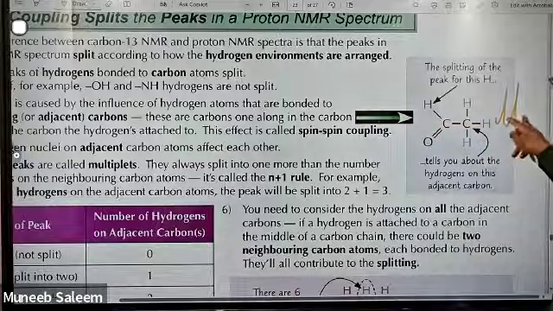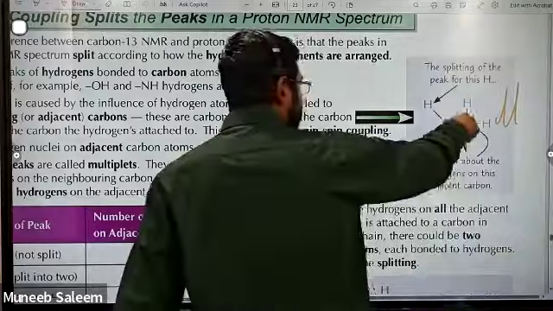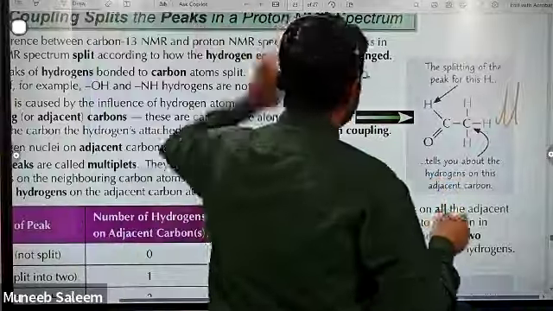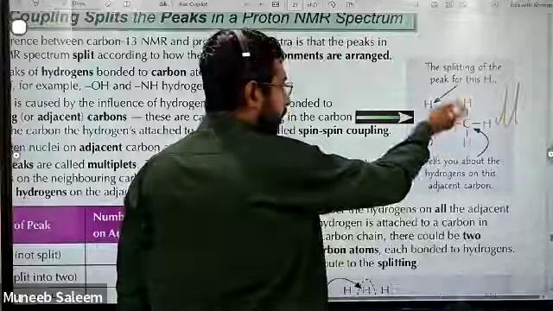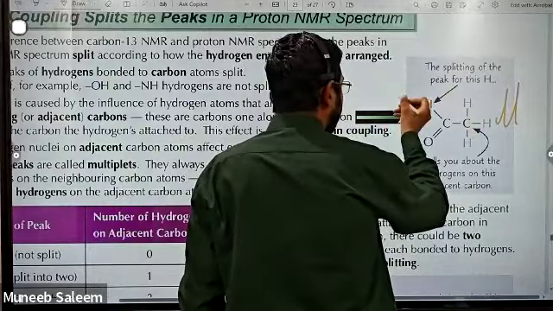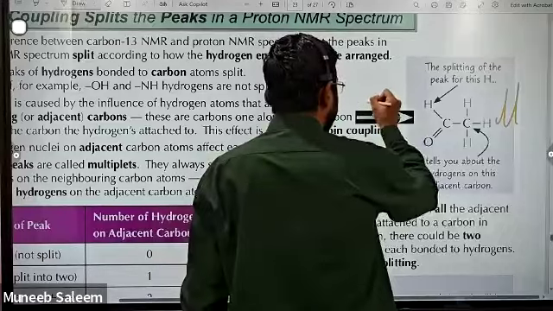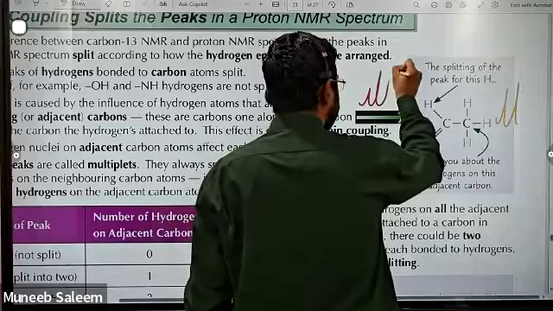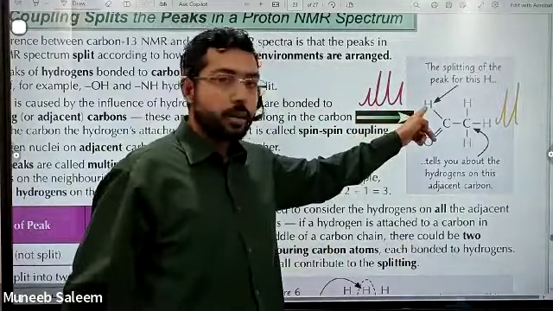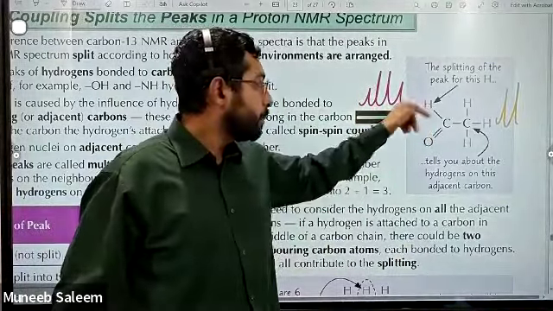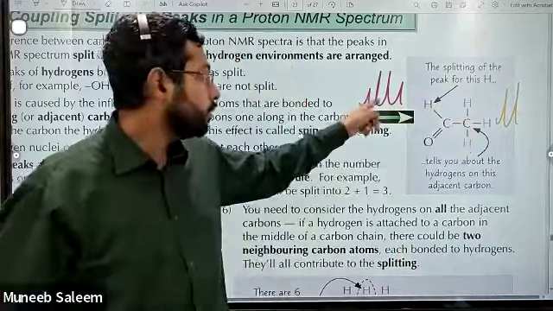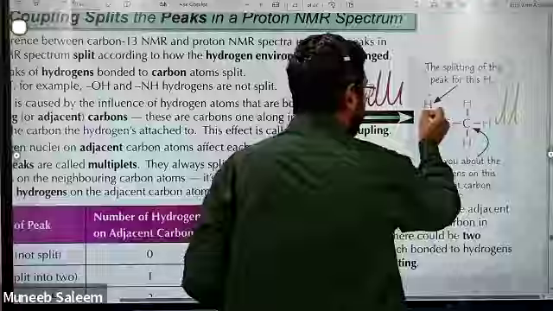So a doublet will be seen for these 3 hydrogen atoms, and then the 3 hydrogen atoms of yellow color affecting the purple one will create a quartet, with peaks like this for the purple hydrogen atom, because n plus 1 gives 4. So this will be indicating this hydrogen atom.